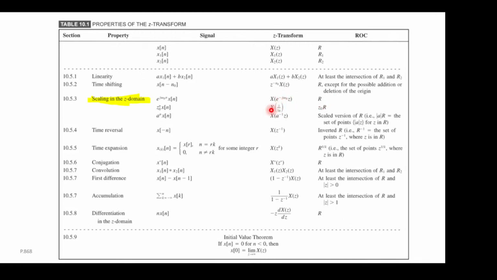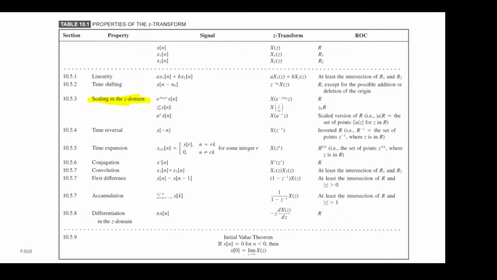So when we have a shifting in the s domain, like s going to s minus s0, then it's rather easy, you get e to the s0 t in the time domain. But now that you have the scaling in the z domain, things will get a bit more interesting here.